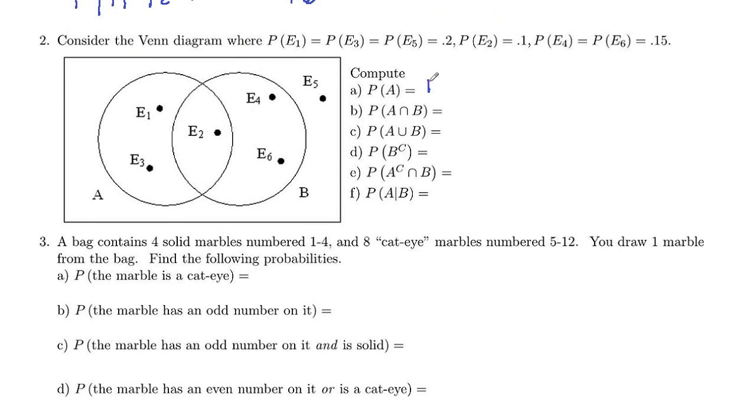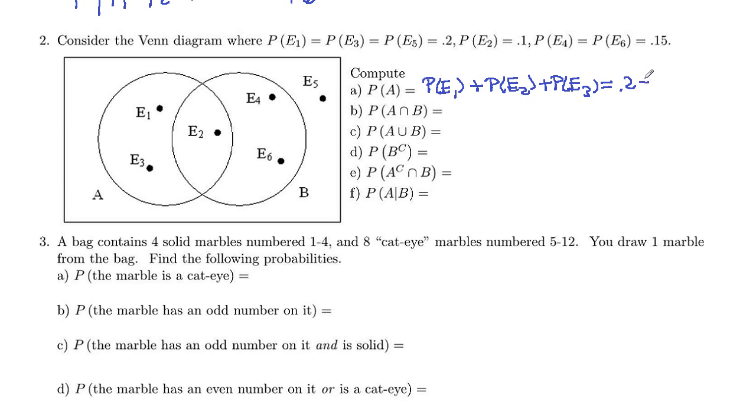So we add those probabilities. So probability of E1, so add the probabilities of the sample points in the event, plus probability of E2, and plus probability of E3. So E1 is 0.2, E3 is also 0.2, and E2 is 0.1.